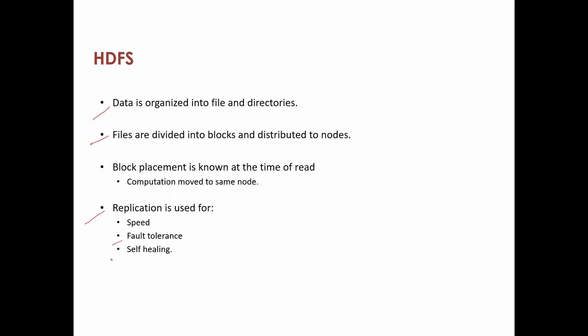And finally, for self-healing: like I mentioned, the data nodes and the name nodes talk to each other periodically, and whenever a particular data node is down, the name node makes sure that other data nodes replicate those blocks onto other machines, so as to keep the replication factor constant.